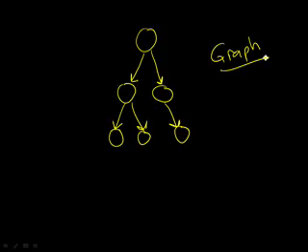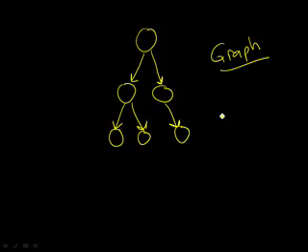The tree is a kind of graph where the edges are directed links and there are no cycles. Well, actually, that's a lattice. A lattice is a structure where it's a graph with directed edges, but there are no cycles. A tree is a kind of lattice in which each node only has one parent.